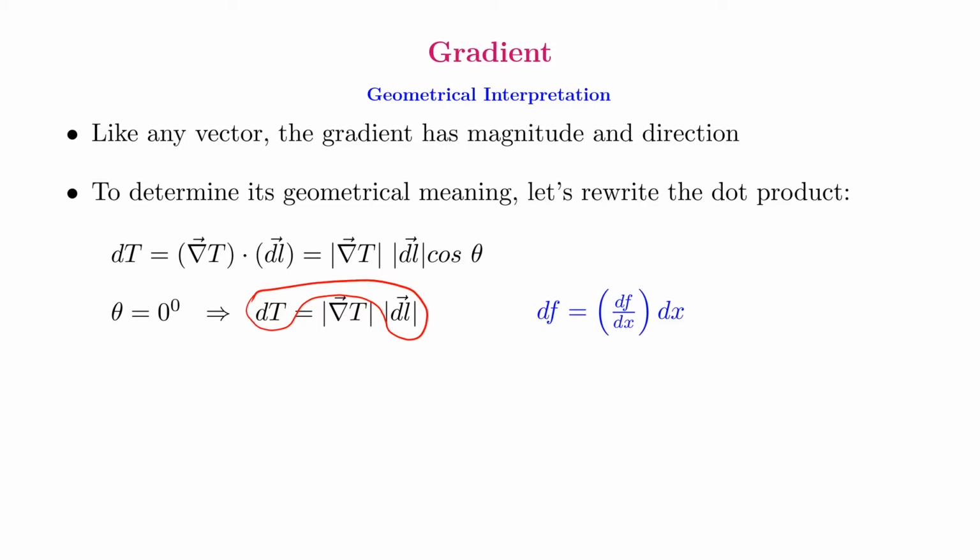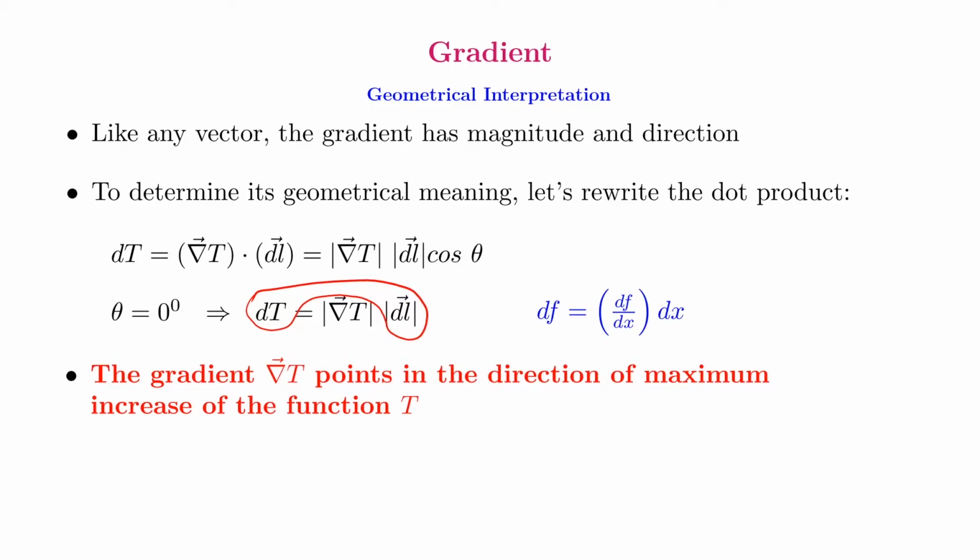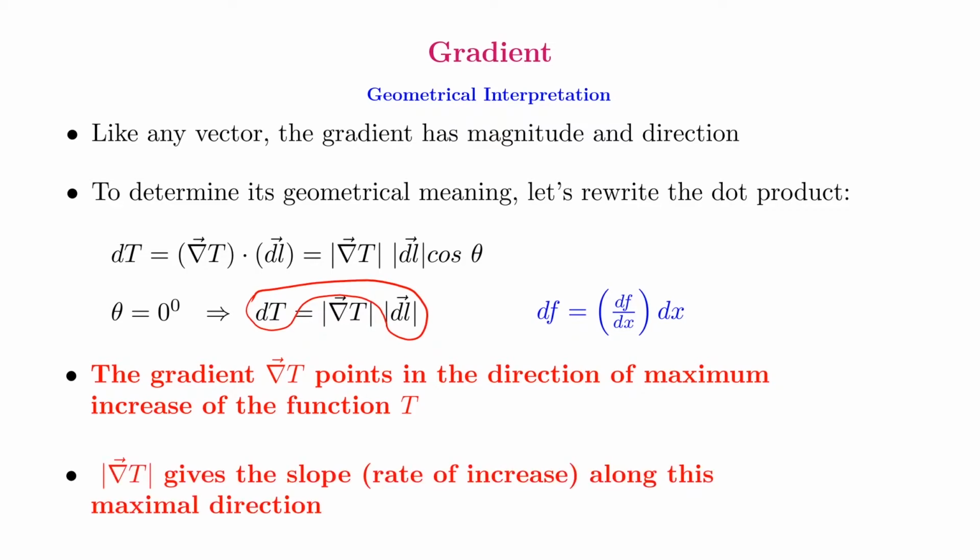From this equation, we understand that the gradient ∇T points in the direction of maximum increase of the function T. Also, the modulus of ∇T gives the slope or the rate of increase along this maximal direction.